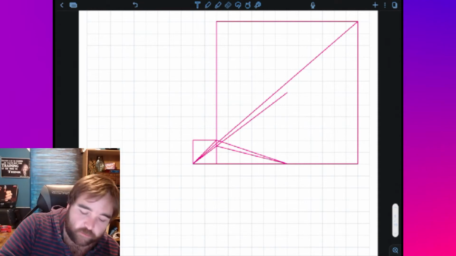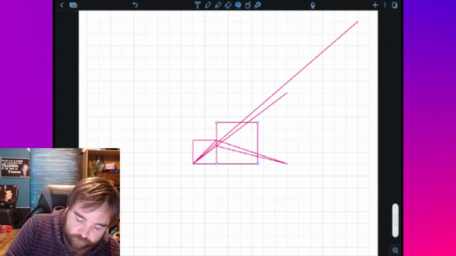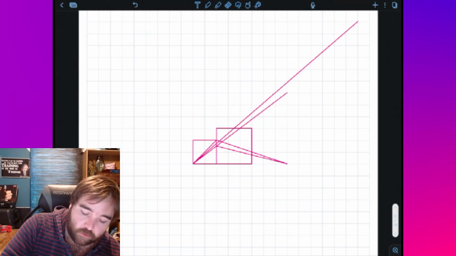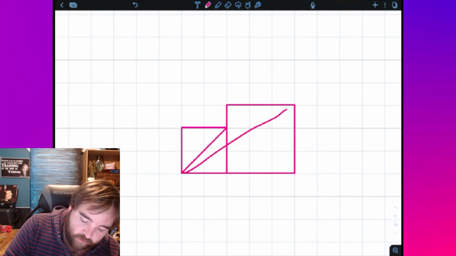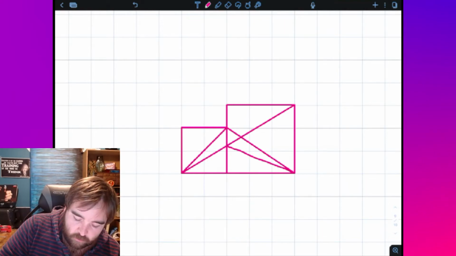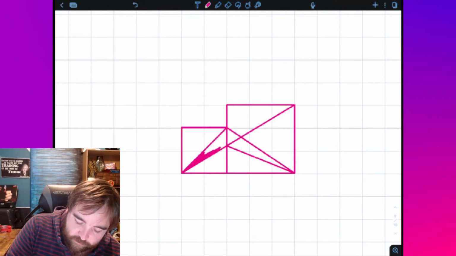Okay, well, so here's the problem. Let's make that square smaller. So we've got that line, we've got that line, we've got that line, and we've got that line. And we want to find this area that I'm nicely going to color in right now.